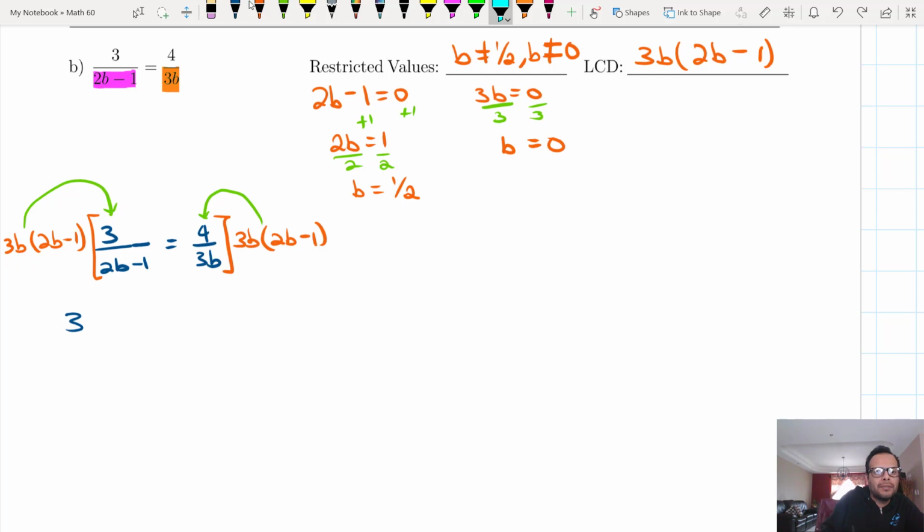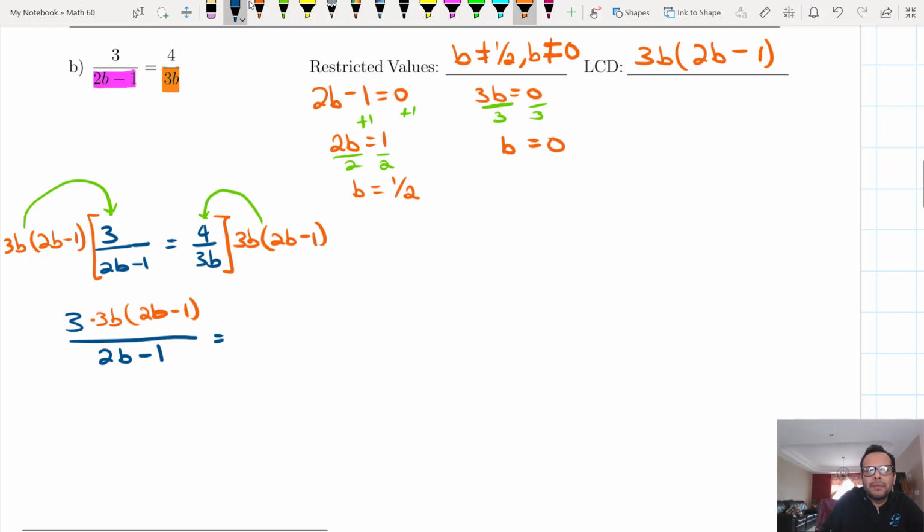Let's write that down: 3 times 3b times 2b minus 1, and then divide that by 2b minus 1, equals.